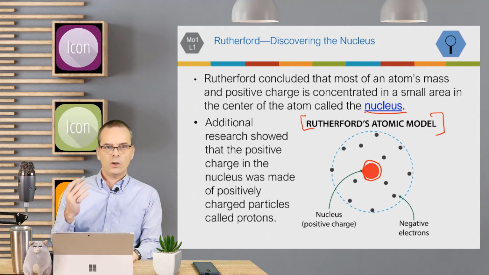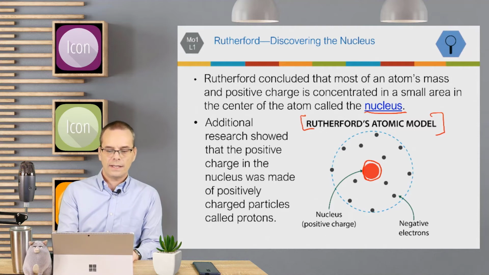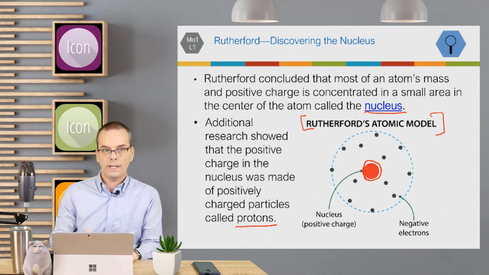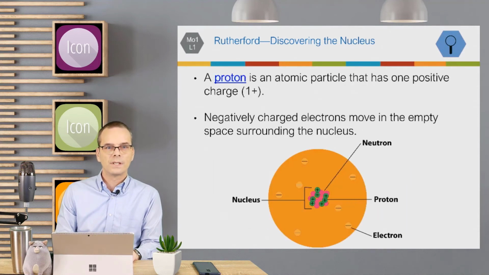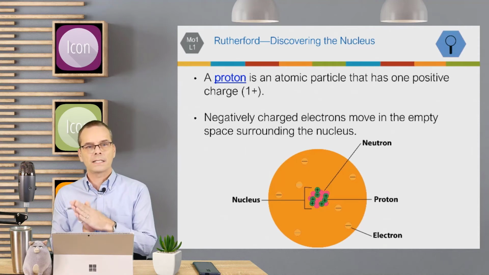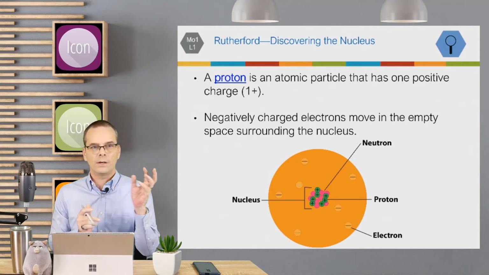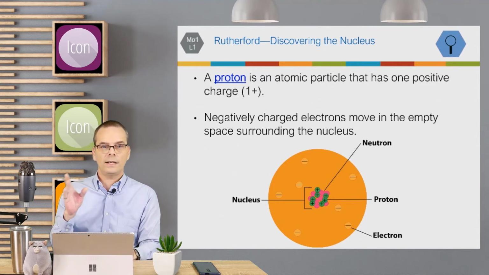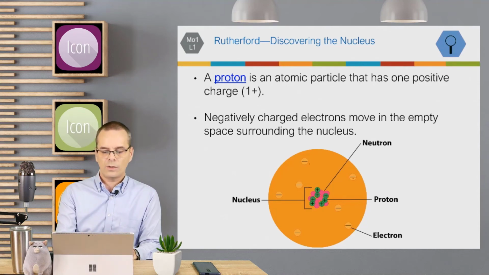Now, after doing more research, they said, okay, these positively charged particles in the nucleus, we're going to call them protons. So a proton is a positively charged atomic particle. So you now have the nucleus, which he said exists, and you have the electrons, which are negative, and they're spaced around the nucleus.